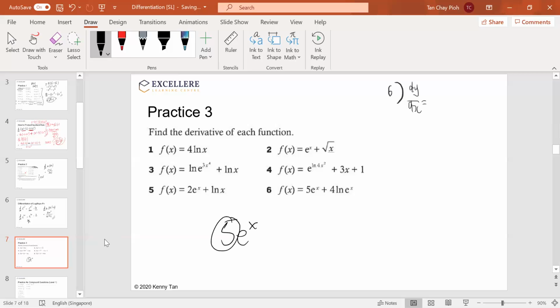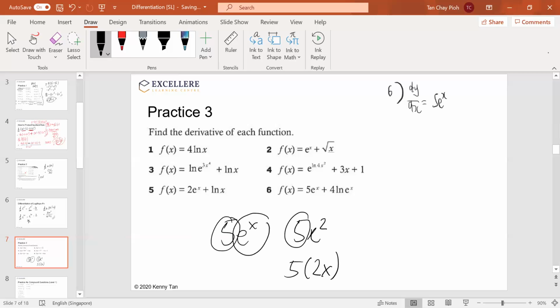The constant will always remain. What you're concerned about is the x and the power. For instance, when I differentiate 5x squared, I don't really care about the 5. The 5 remains as it is. What happens is I'm going to bring the 2 down. You get me?